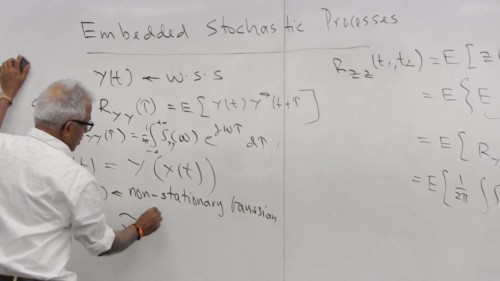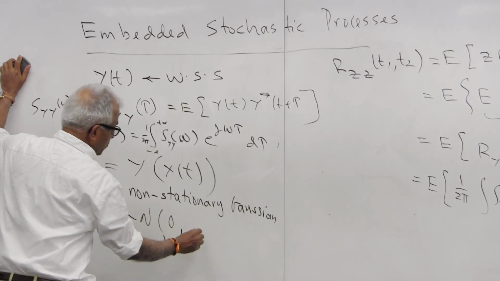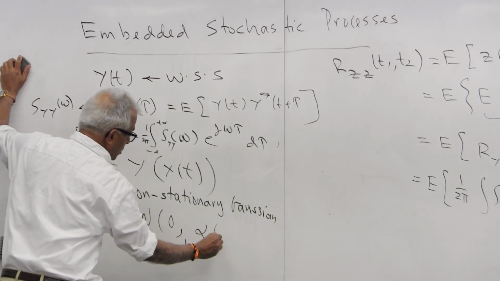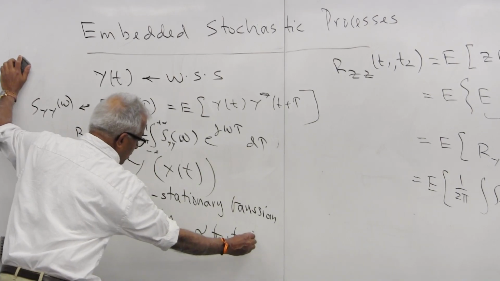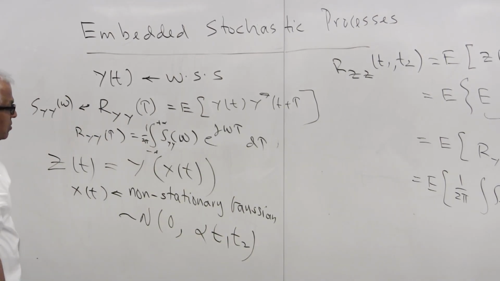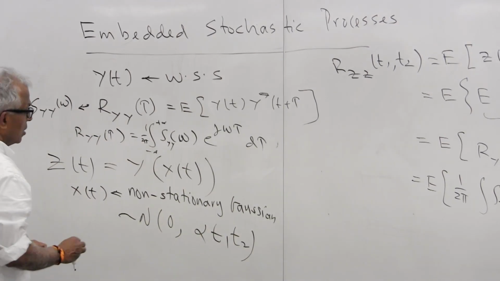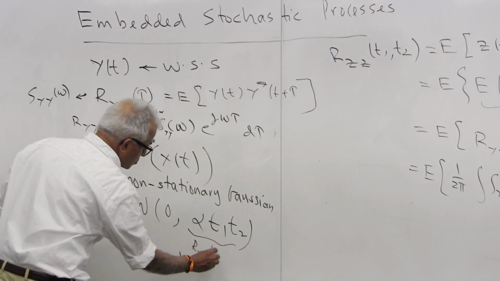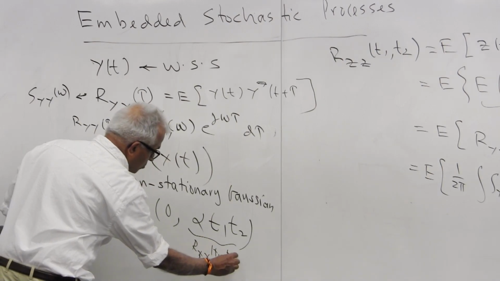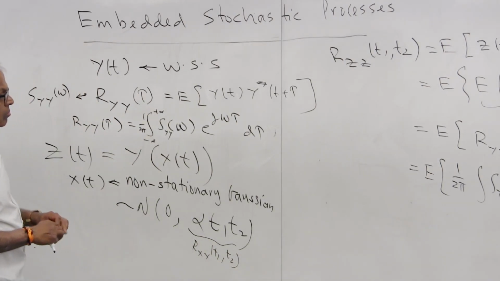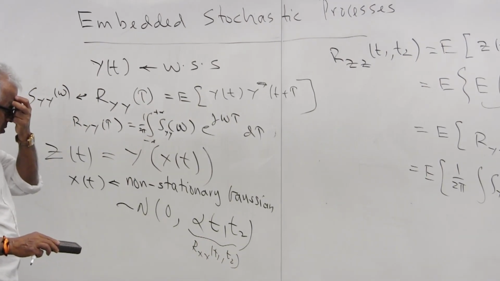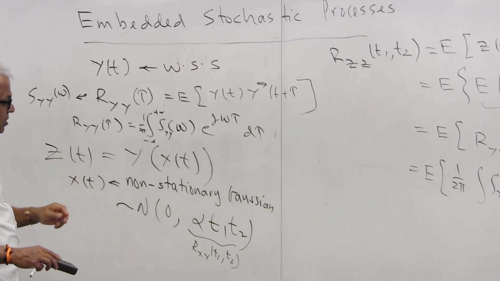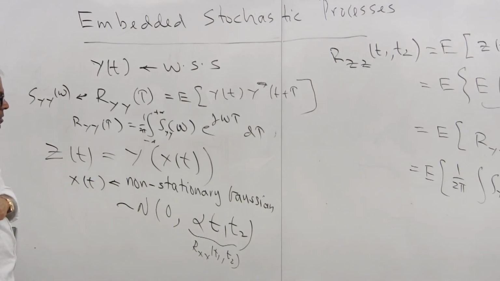So it's Gaussian with some autocorrelation function. I'm going to try this function first. It's non-stationary because of the autocorrelation function R_xx(t1, t2). That's a non-negative definite function, so it is certainly an autocorrelation function.